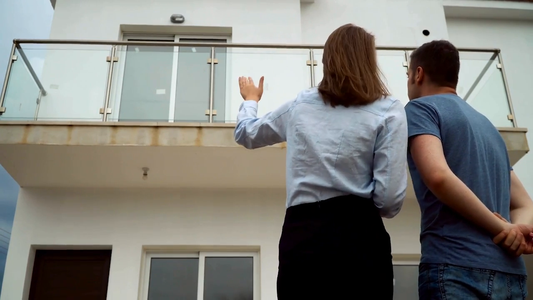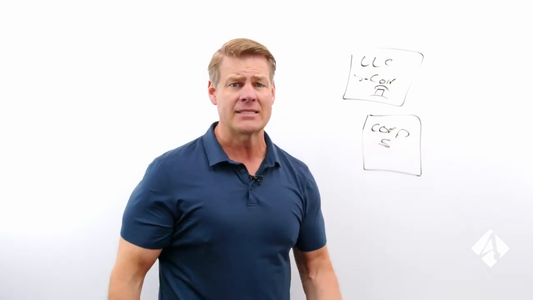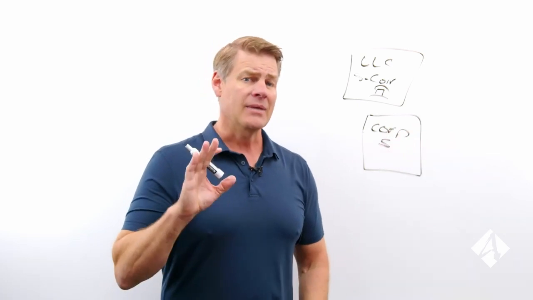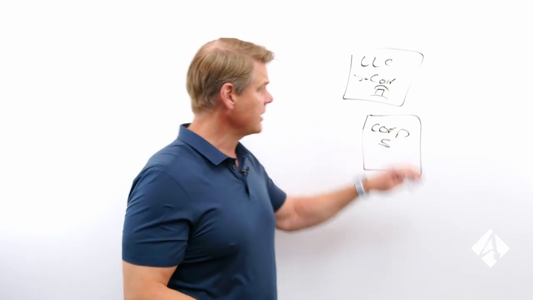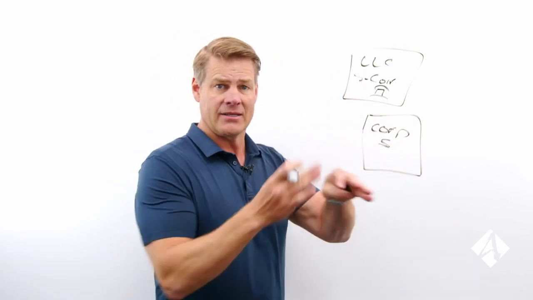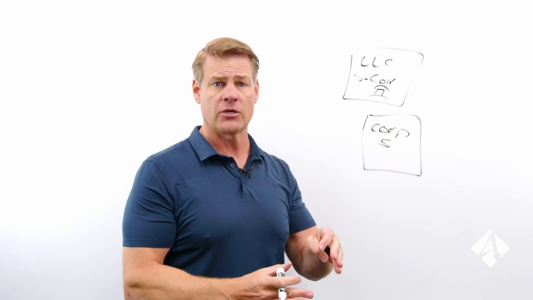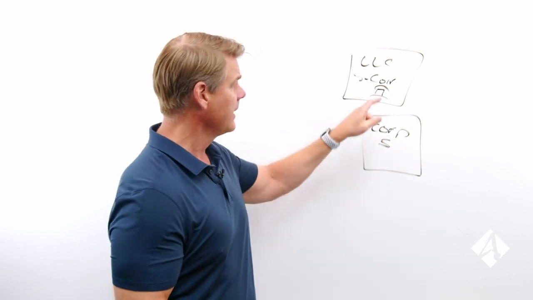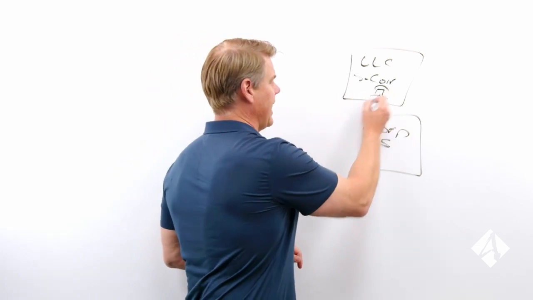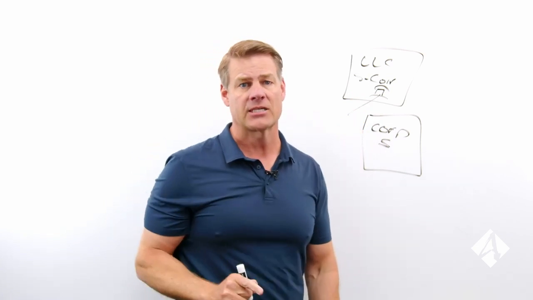Because for a lot of us, it's like, why set up a new one if I've already paid to set up this one company? The issue is that when you use an S or a C corp, or just a traditional corporation, if you ever need to move the asset out of that company, it's a taxable event.